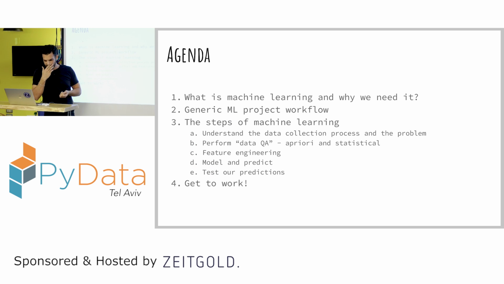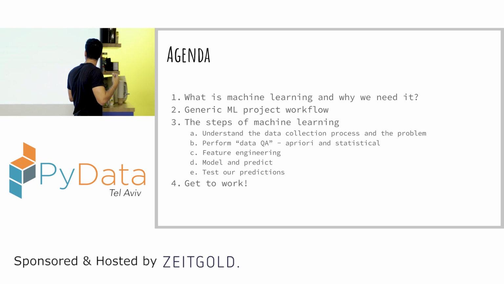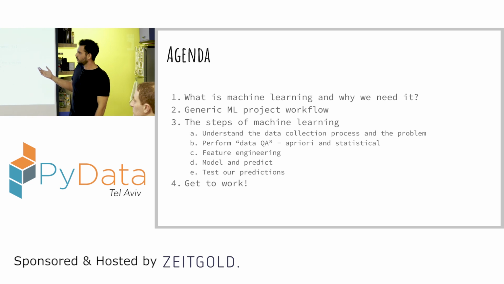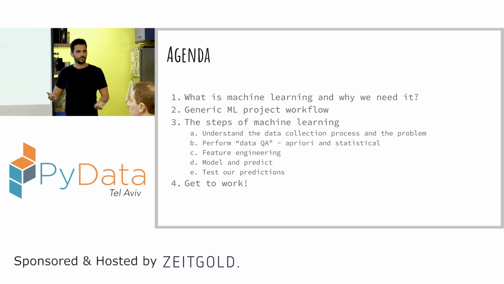So the agenda for today. This is machine learning 101. What is machine learning and why do we need it? We're going to get into the difference between classical programming and machine learning.